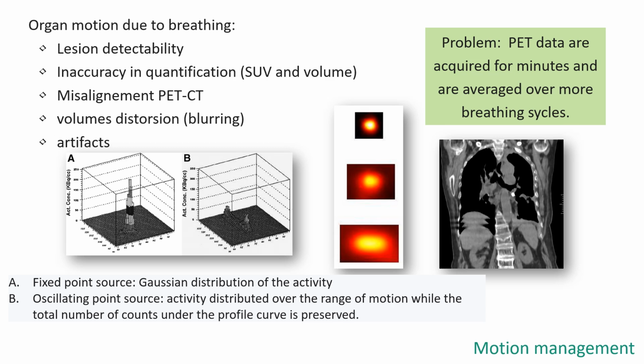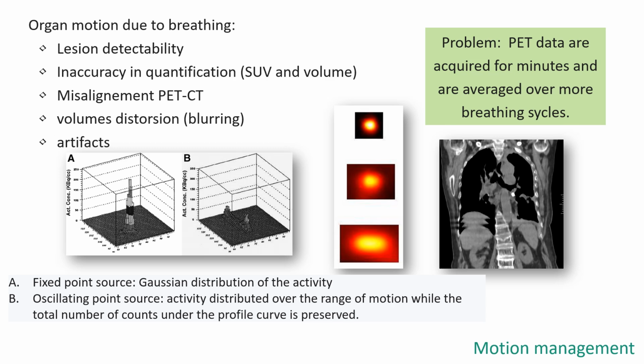On the other hand, if it is acquired in breath hold, it takes the information only in one phase of the breathing cycle. Organ motion can compromise lesion detectability, bringing inaccuracy in quantification of SUV values. There could be a misalignment between PET and CT, or a volume distortion with blurring and artifacts.